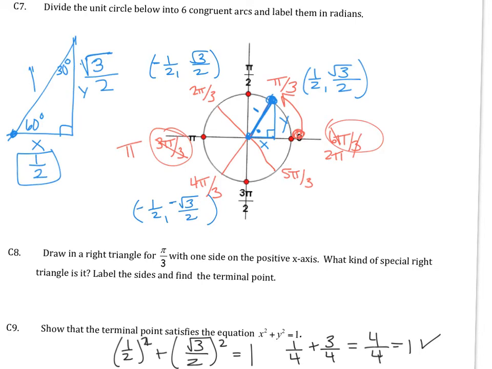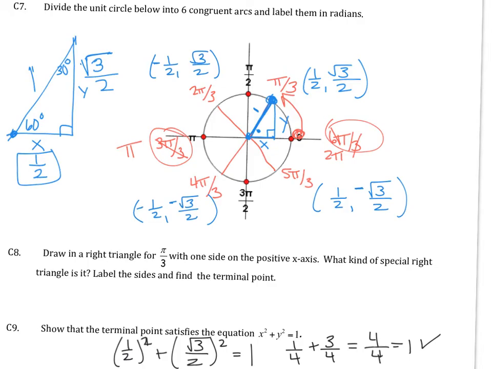And then down here at 5 pi over 3, I'll still be working with the numbers 1/2 and root 3 over 2, except that now the x will be positive and the y will be negative. So as I go around at pi over 3, 2 pi over 3, 4 pi over 3, and 5 pi over 3, I use the same numbers for my x and my y, but I change the signs based on the quadrants where the x's and the y's are positive and negative.